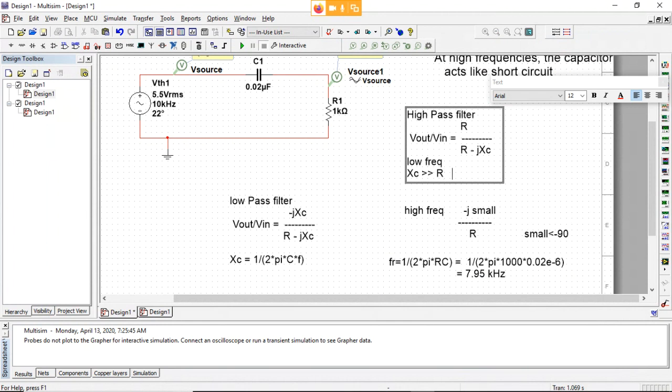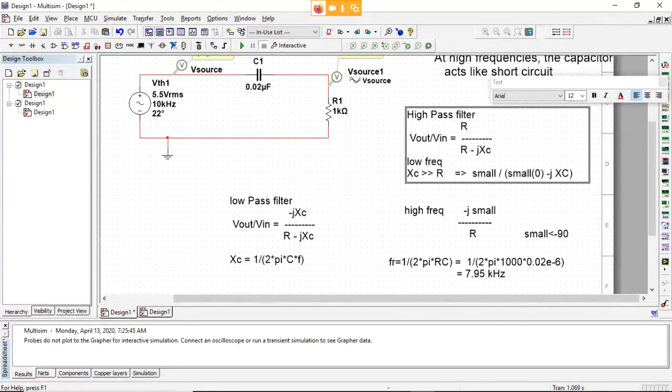So then we end up getting R, which is small, divided by something close to 0 minus j X of C, which is really big.